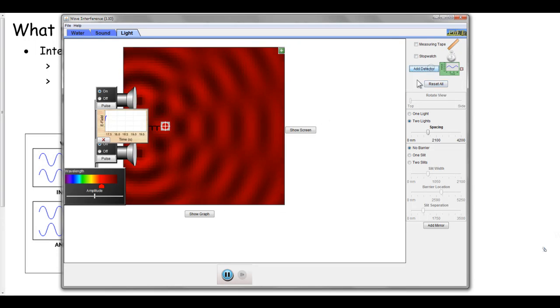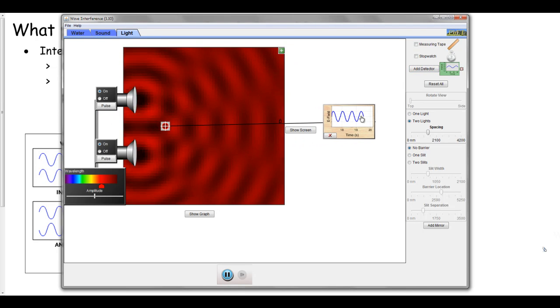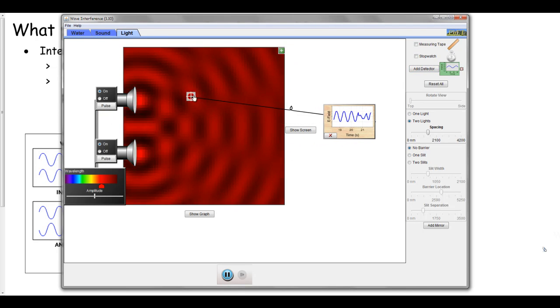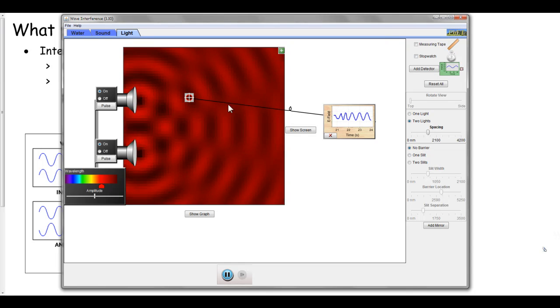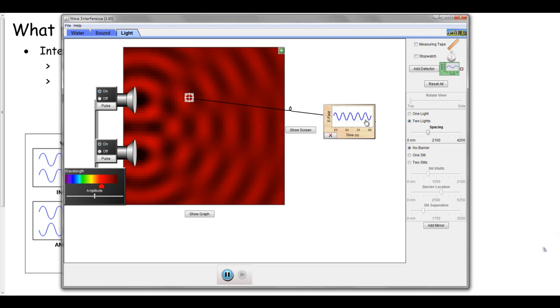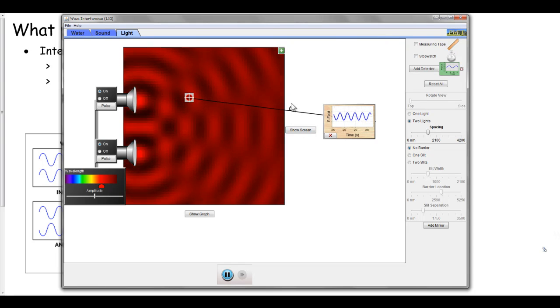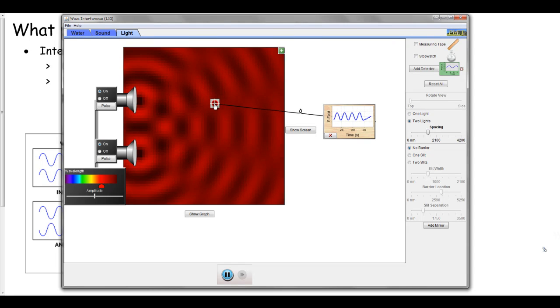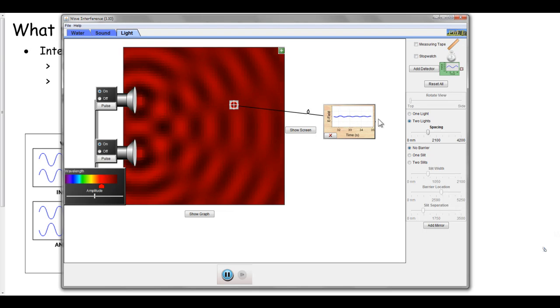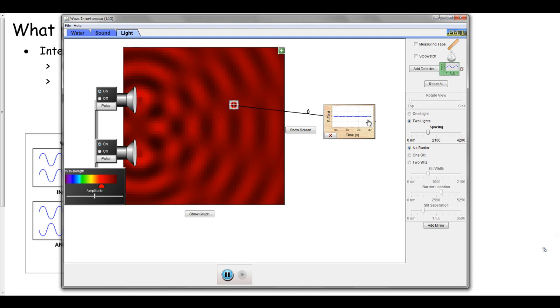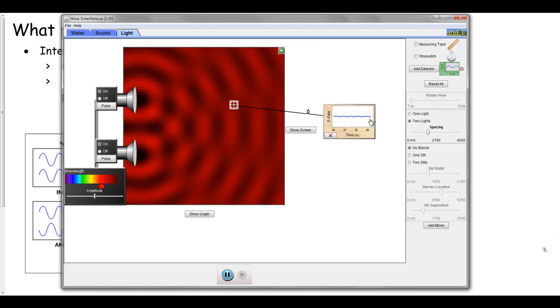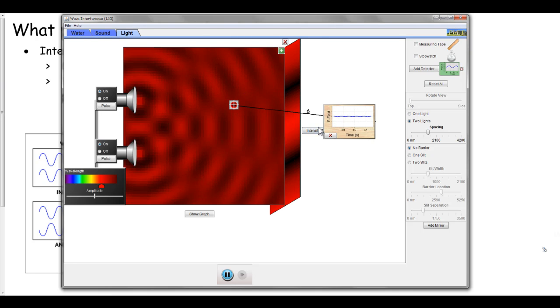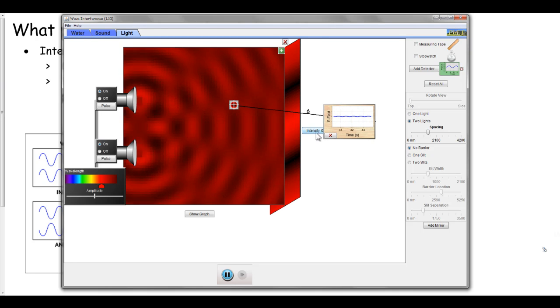If I add my detector, I can once again look at these total constructive interference, and I notice that my wave is very tall. I get a lot of energy, a lot of amplitude. If I look at the parts that are kind of faded, my amplitude goes almost to nothing. It's almost a flat line because the light there cancels out. Now, you can actually see what this looks like if I were to project this onto the wall or onto a screen.